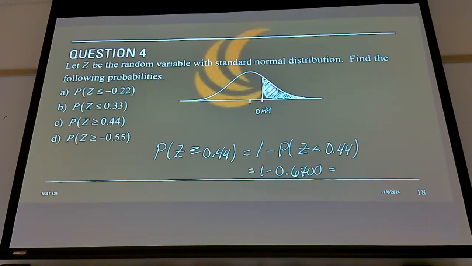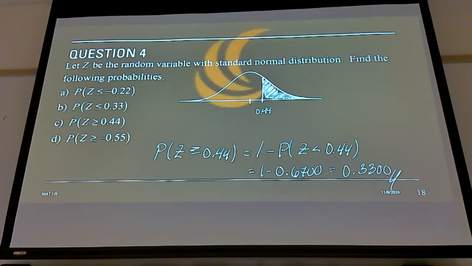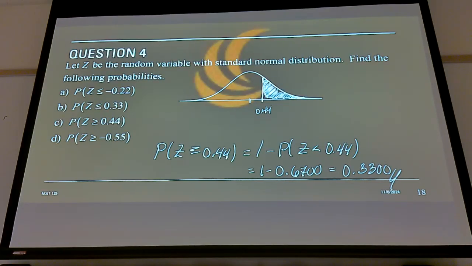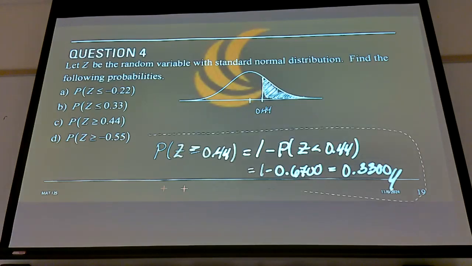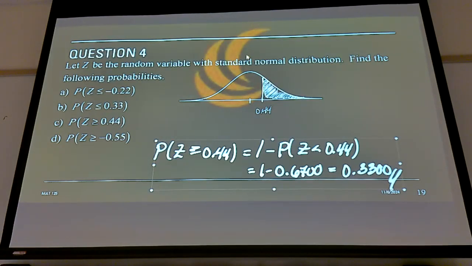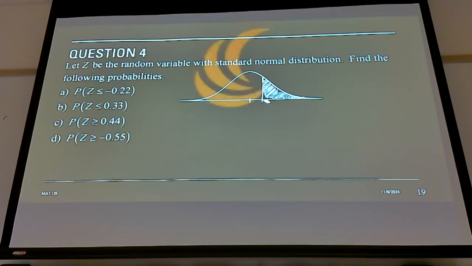That is 0.3300. There's your probability. Greater than or equal to negative 0.55.